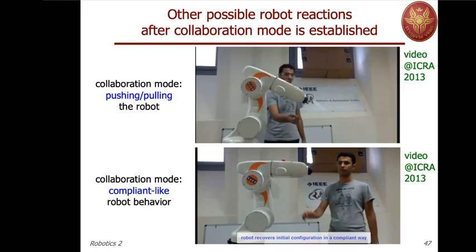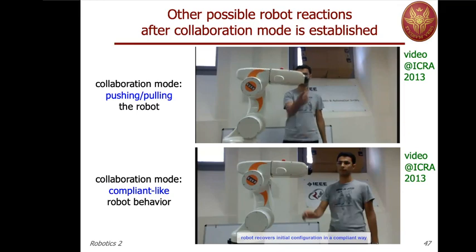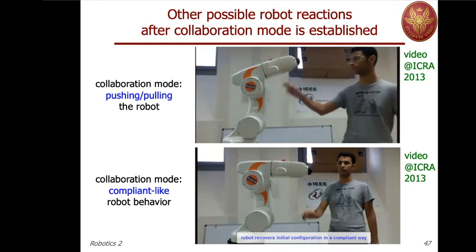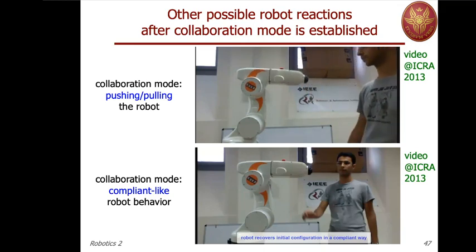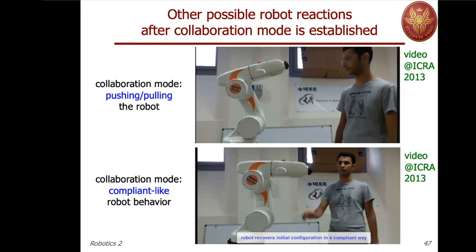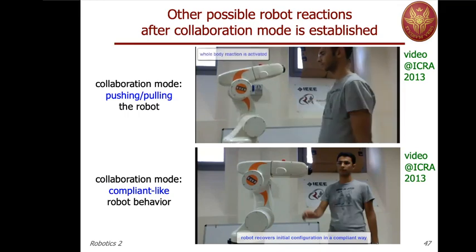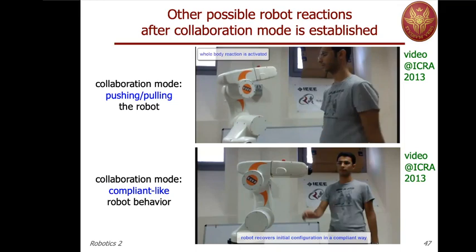And if you remember the video that we have seen with the robot interacting with the environment, for instance the compliant control, I have shown a video from the laboratory of the University of Naples, in which you can realize compliant-like behavior, in the sense that without using the force sensor, the robot is reacting in a spring-like fashion.